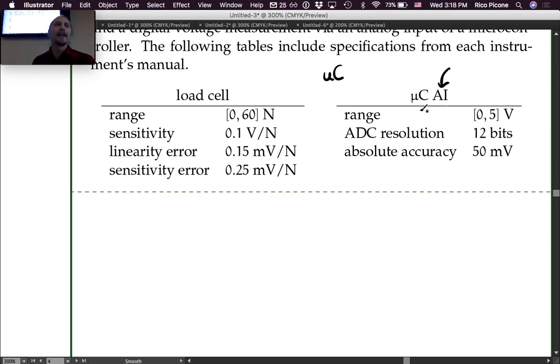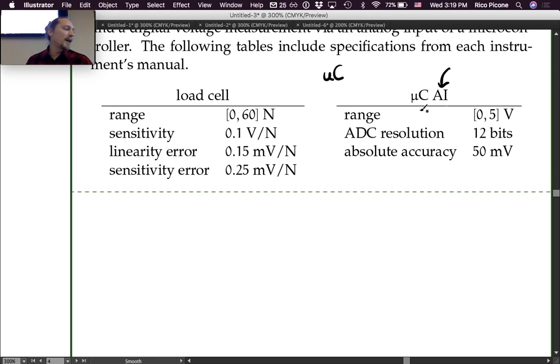Because we said that the RSS method works not just for a measurement from one instrument, but also for uncertainties that come from multiple concatenated instruments, when one output goes into the next input, etc. You can just lump all of the uncertainties together into one big RSS. Mathematically, it's equivalent, but it's useful to go through and see what the load cell's uncertainty is versus the microcontroller's, and see which one's dominating. So we're going to do one for each and break it down, if you will.